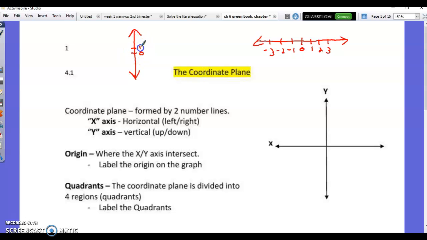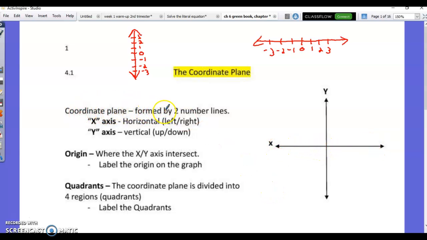If we go up, we have positive numbers, and if we go down, we have negative numbers. So a coordinate plane is basically like these two merged on top of each other, where we have positives going up, negatives going down, positives going to the right, negatives going to the left.